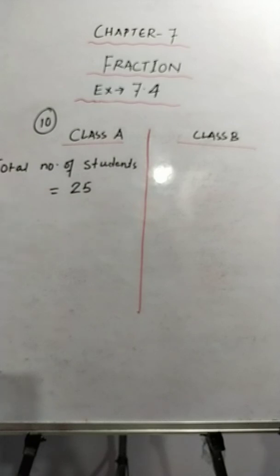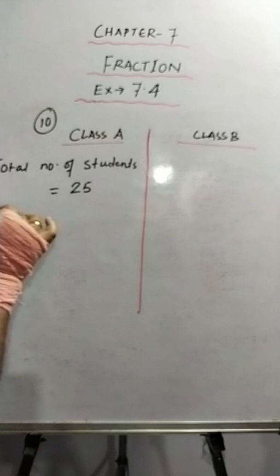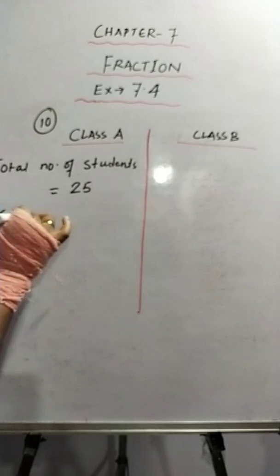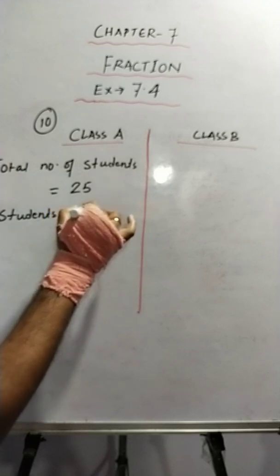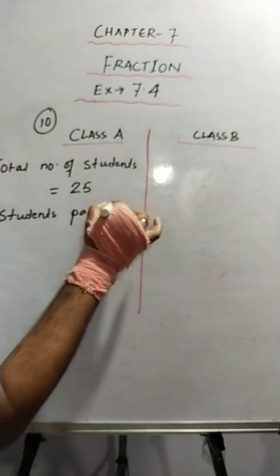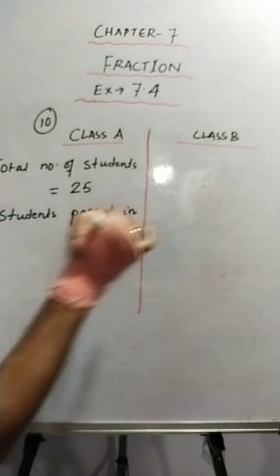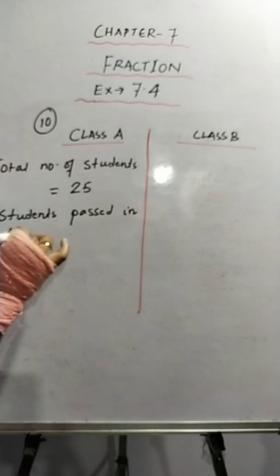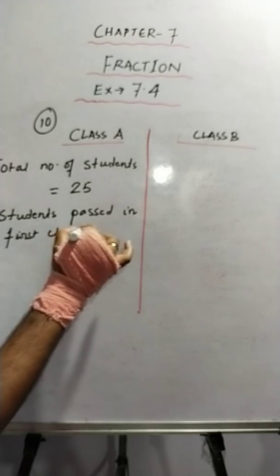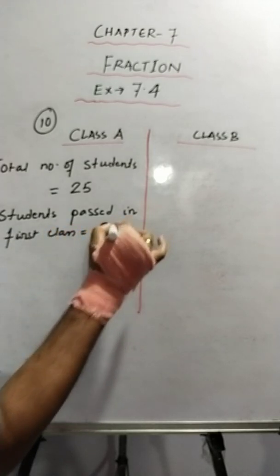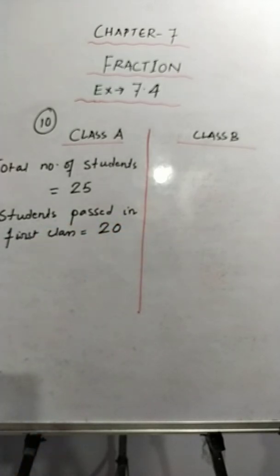And students passed in first class, in class A, students passed with first class, that is 20 students. 20 students passed with first class marks.